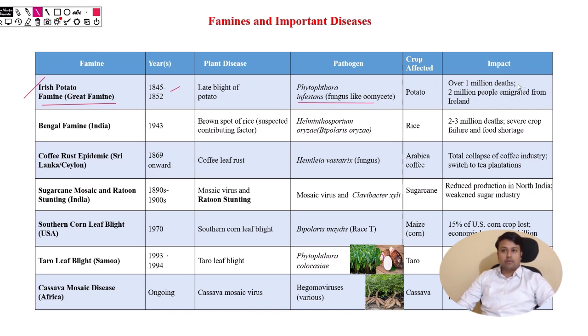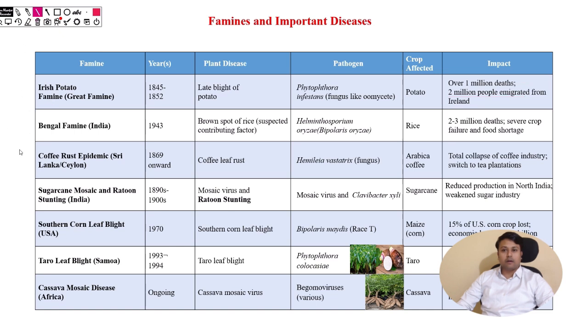This single disease caused 1 million deaths due to starvation, because at that time the potato was the staple crop of the Irish people, and there was no other food to eat. Hence they started starving due to non-availability of food. This led to the death of 1 million people, and 2 million people migrated from Ireland to other neighboring countries.